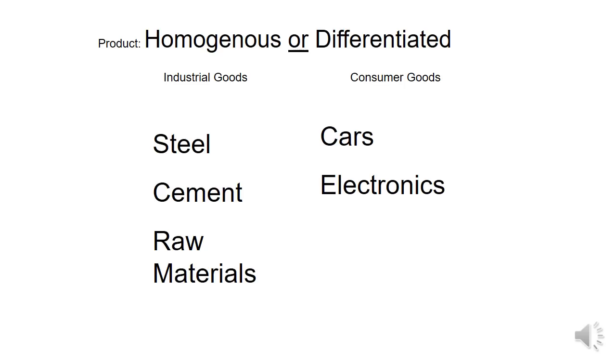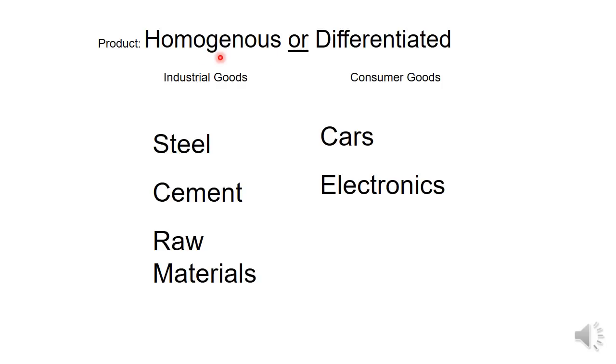Now, the product that an oligopoly seller sells can be either homogeneous or differentiated. Homogeneous usually refers to industrial goods. The homogeneous here is a little bit different from perfect competition, where we assume it to be purely homogeneous.